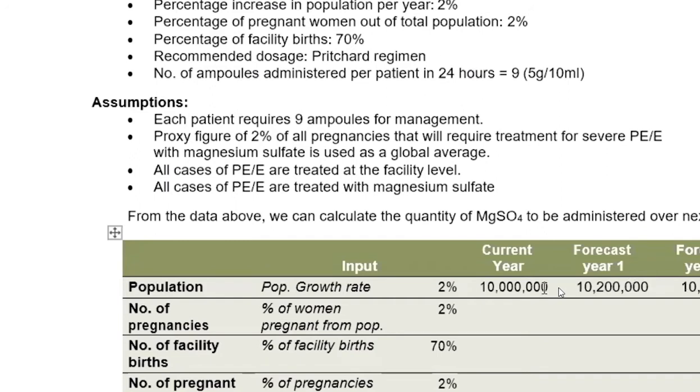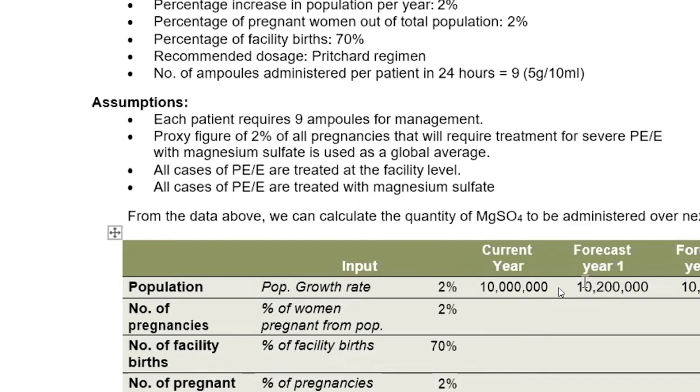Remember, we are saying population growth rate, right? So when we operate 2% against 10.2, we get what? 204,000, right? We have to add it to the existing population.